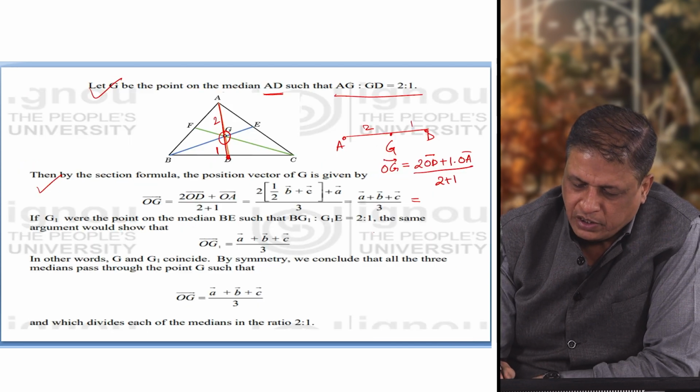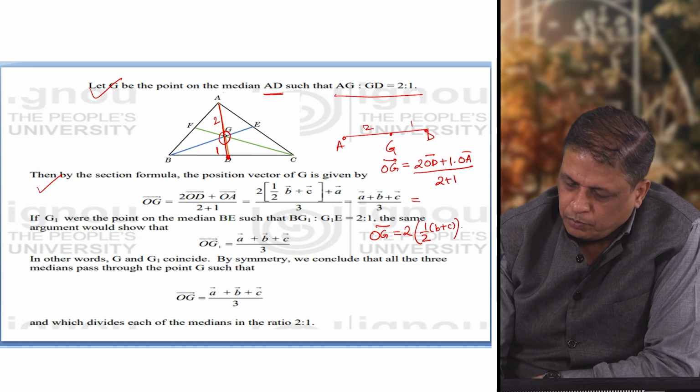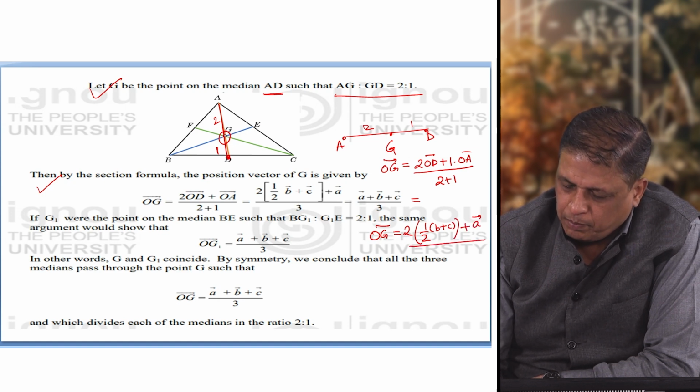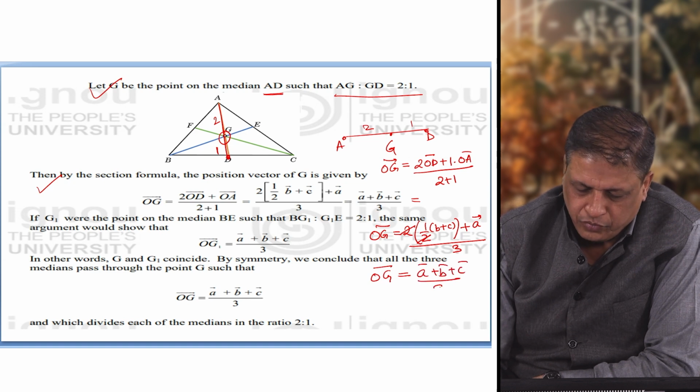So, we can write that vector OG is equal to (2 times half of (B plus C) plus 1 into vector OA, which is nothing but vector A) upon 2 plus 1, that is 3. The 2 will cancel and you will get vector OG equal to (vector A plus vector B plus vector C) by 3.